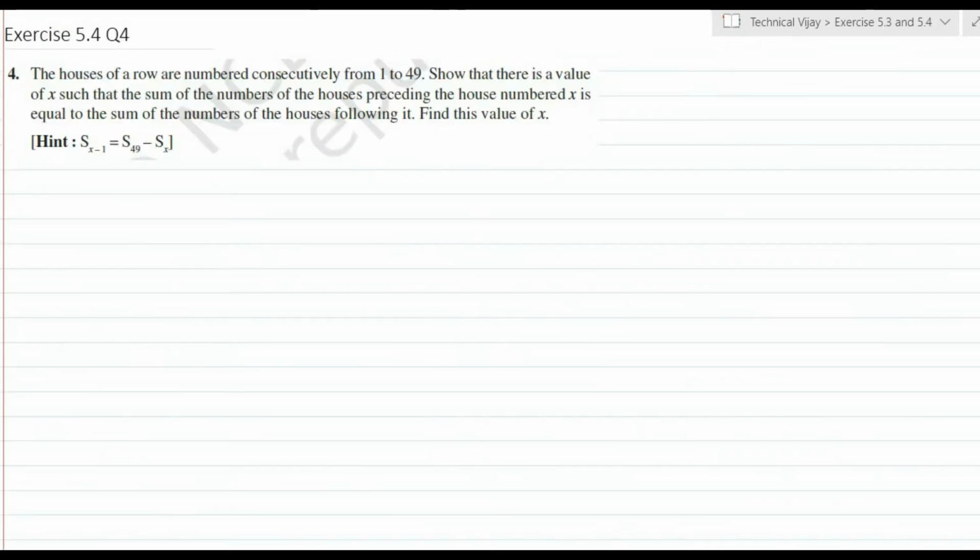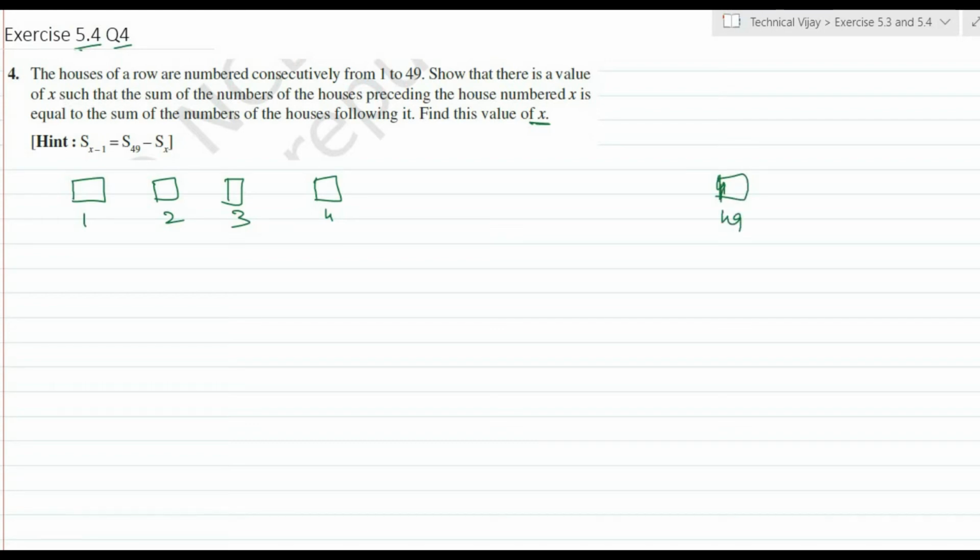Now exercise 5.4, question number 4: the houses are numbered consecutively from 1 to 49. Suppose this is house number 1, house number 2, house number 3, house number 4, like this up to the 49th. This is house number 49.